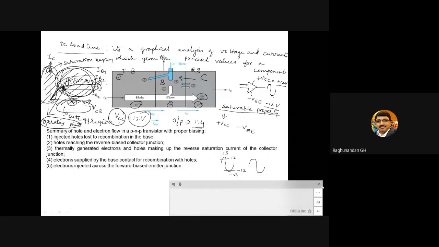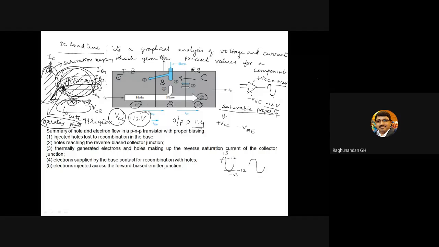These thermally generated electrons are there because when you increase the reverse voltage between the base and collector, they get excited thermally. Now again, the electrons which are supplied, this is the third step.